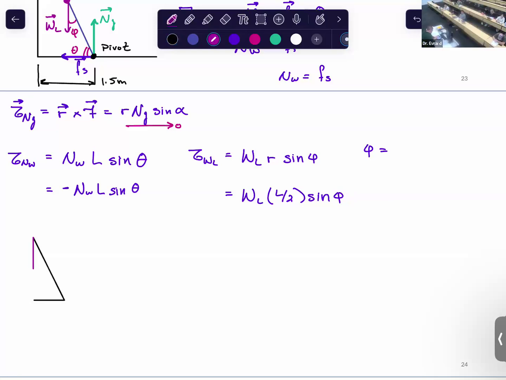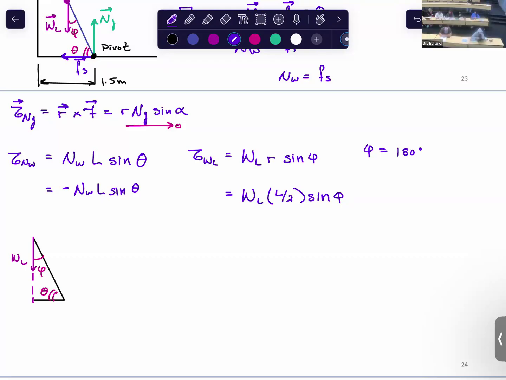We'll put the weight of the ladder there and continue that down. That's phi, that's theta. How do I find phi? Add theta plus 90 and subtract that from 180, right? So phi is 90 minus theta.